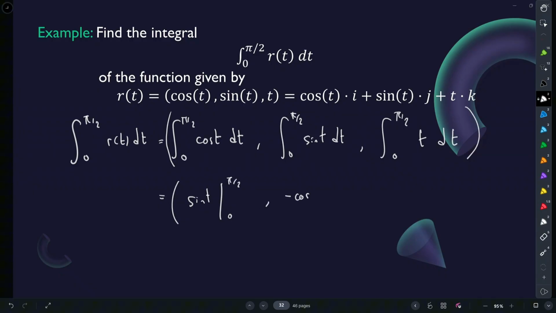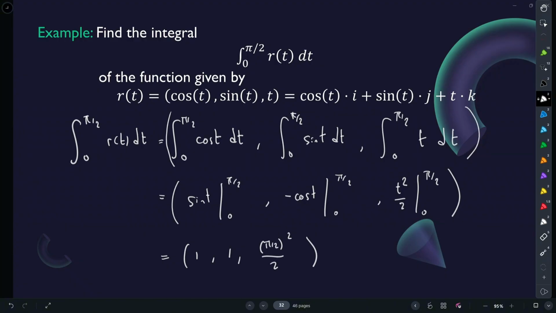This would be minus cosine t between 0 and pi over 2. And this would be t squared divided by 2 between 0 and pi over 2. If you evaluate this, I get 1, 1, and pi over 2 squared divided by 2. It's just doing some integrals. I'm adding up, sort of, the total sum of positions as you've moved along that curve.